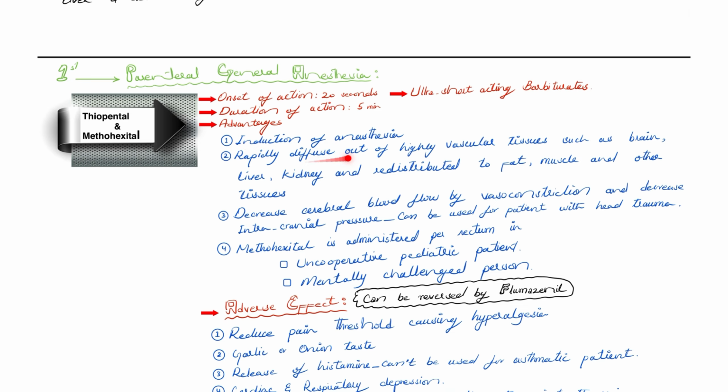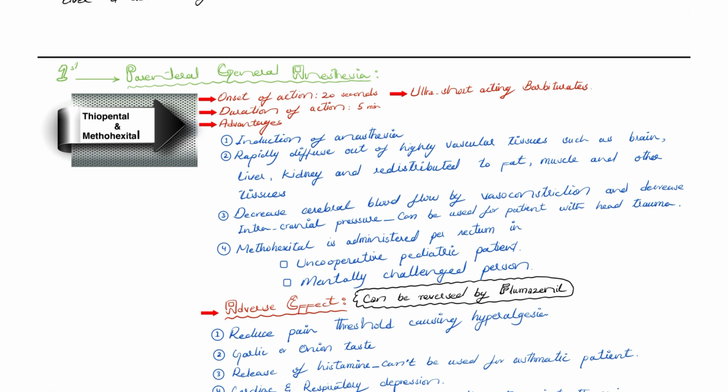Second, they rapidly diffuse out of the highly vascular tissues such as brain, liver, and kidney, and redistribute to fat, muscle, and other tissues. Therefore, their effects won't remain in the body for a longer duration of time. Third, they decrease the cerebral blood flow by vasoconstriction and decrease intracranial pressure, so they can be used for patients with head trauma or mass occupying lesion in the brain.